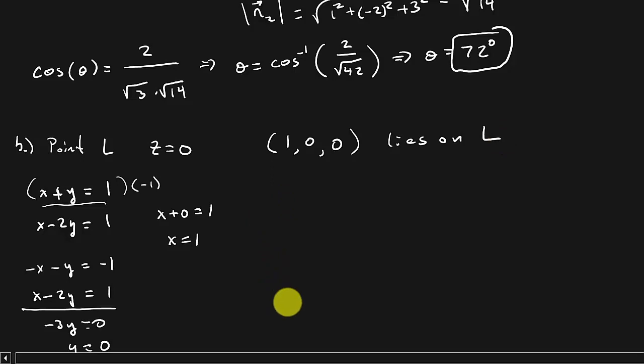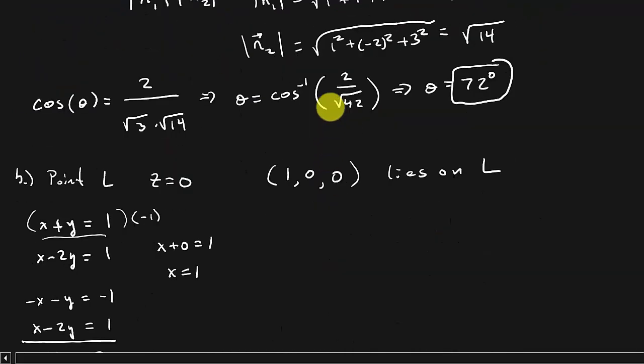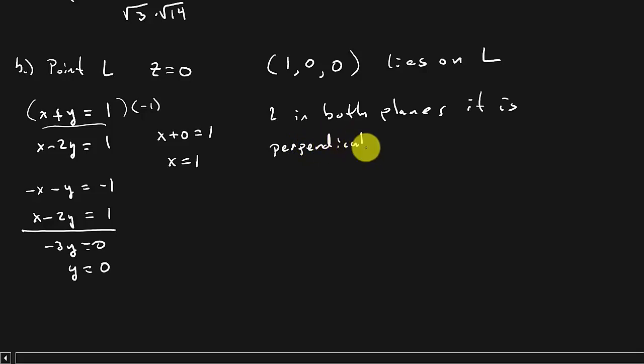All right. So find symmetric equations for the line of intersection L of these two planes. Since L is in both planes, it is perpendicular to N1 and N2.